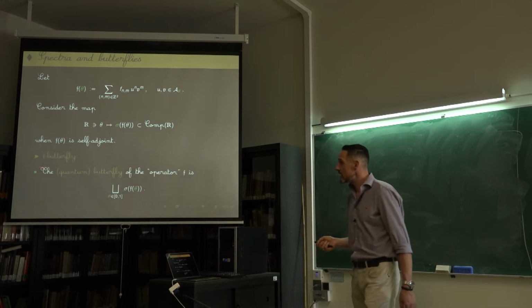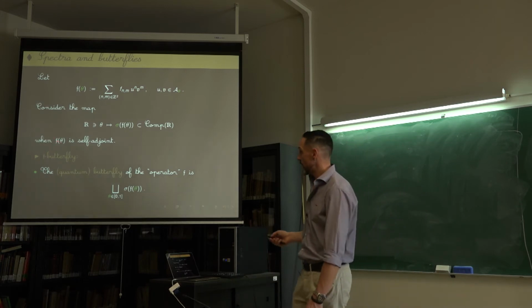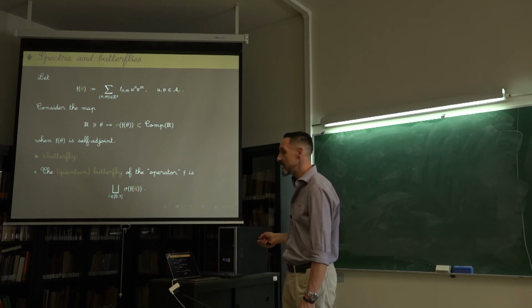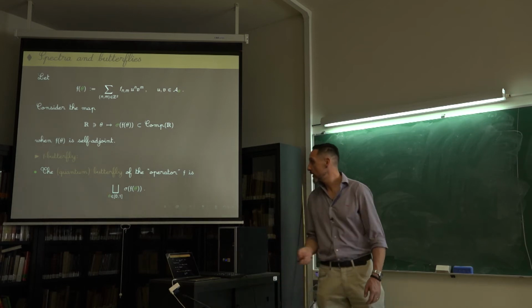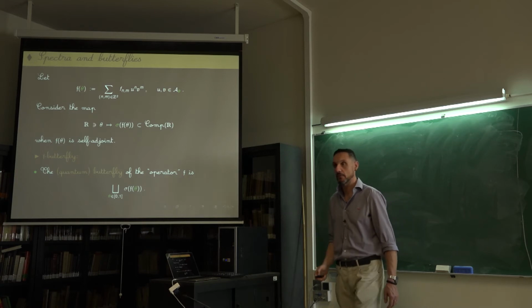And then I define the butterfly associated to the operator f. The butterfly associated to this family of operators f is just the disjoint union of all the spectra of f theta when theta goes from 0 to 1. Okay? This is my formal definition of quantum butterfly for the family of operators f.